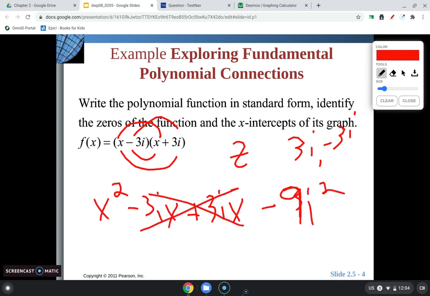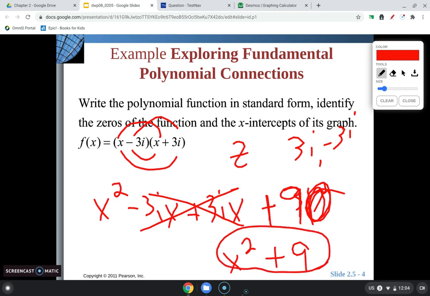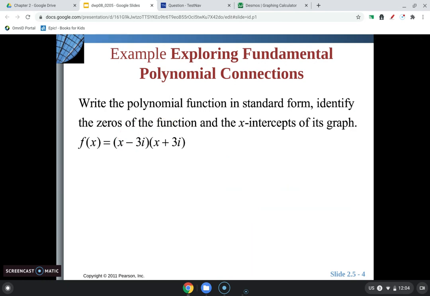Our middle terms are going to drop, and then that i squared becomes negative 1. So that is the standard form of the equation, x squared plus 9. When you do that, remember that you should not have any i terms in your final answer.